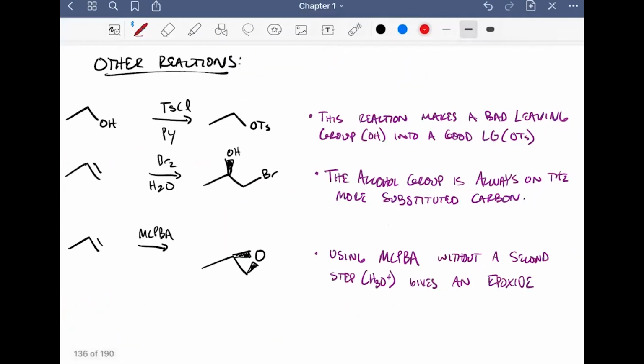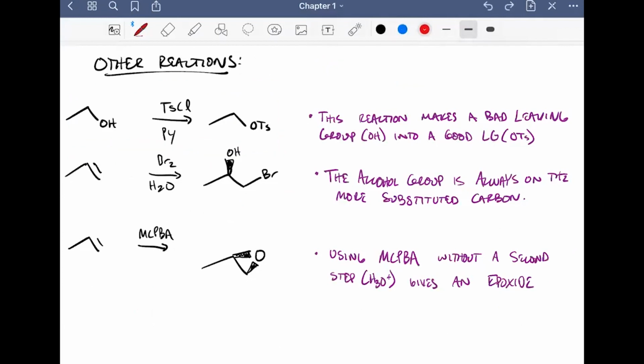All right, so other reactions that I didn't go over, but I went over in this previous chapter, was this TsCl, pyridine. That's how you get a bad leaving group into a good leaving group. So you saw that in substitution and elimination reactions a lot.